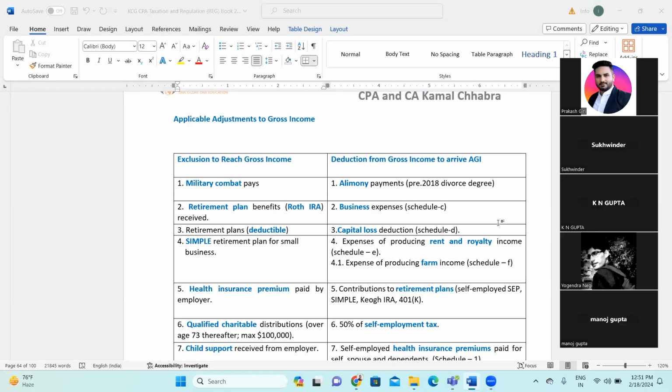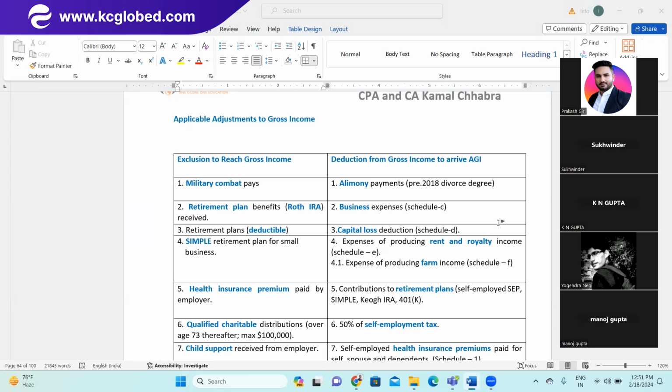So alimony paid under a divorce decree before 31st December 2018 will still be considered in the income tax return. It may be possible that you encounter such cases, and that is the reason this is required for your information.